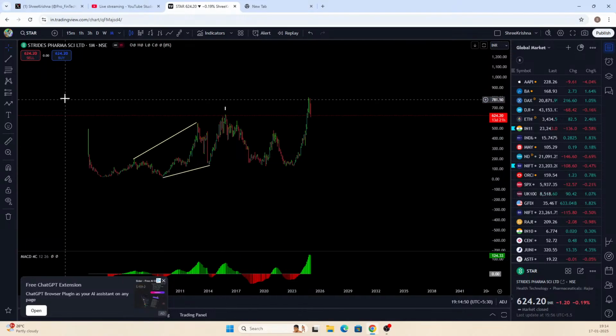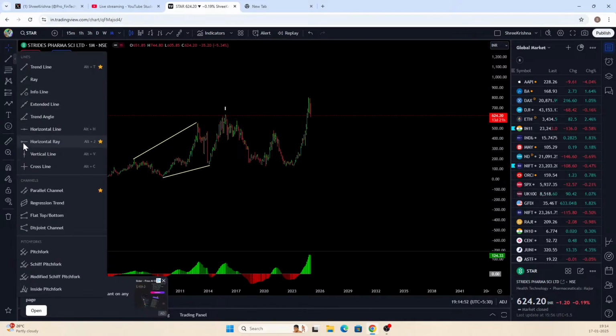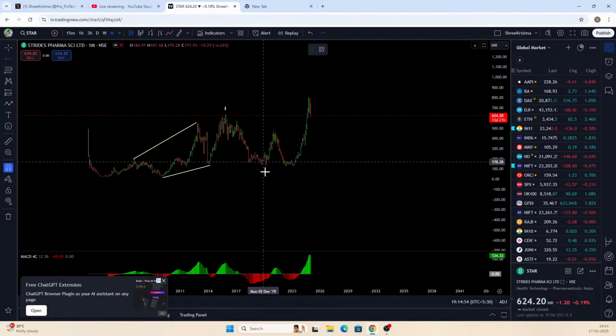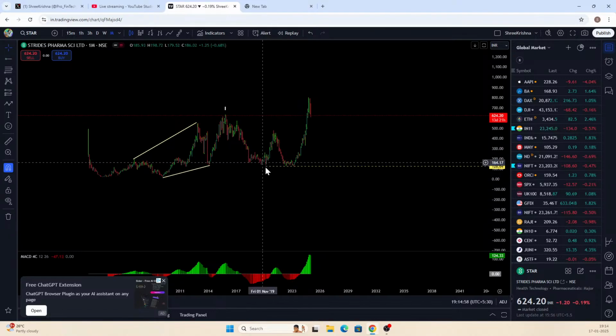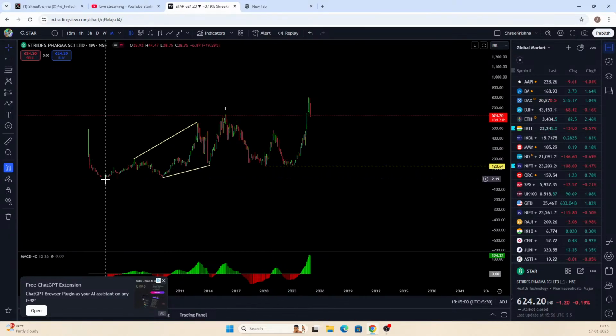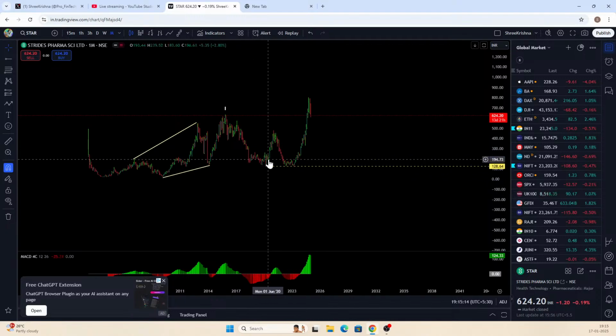Here again it shows habitual behavior: the same way it has behaved here, it is behaving here. The low of this is 145.54 and the low of this is 126.41.